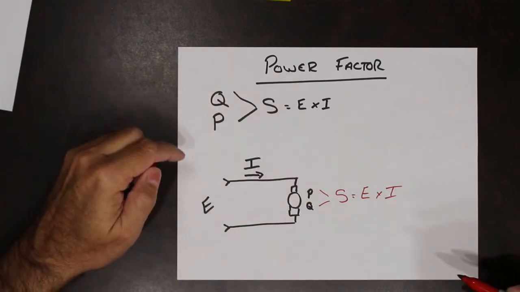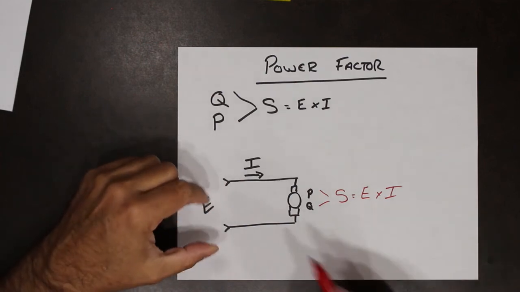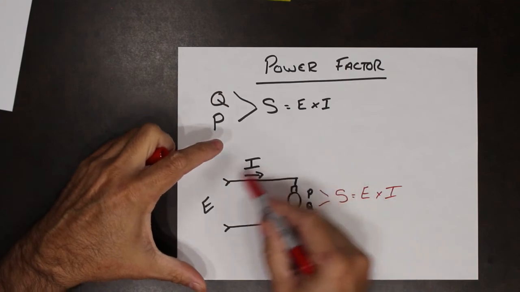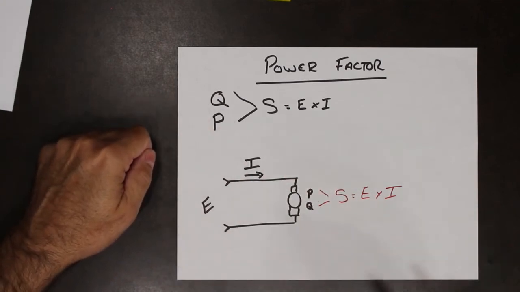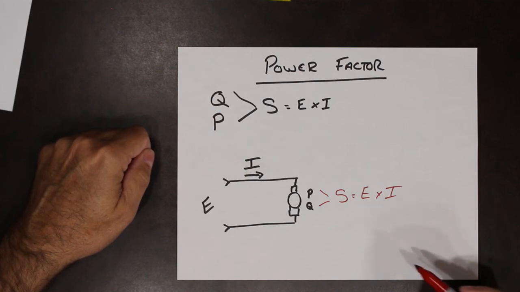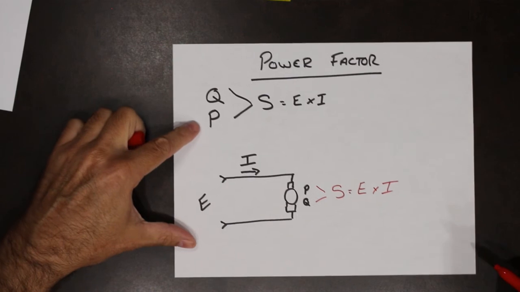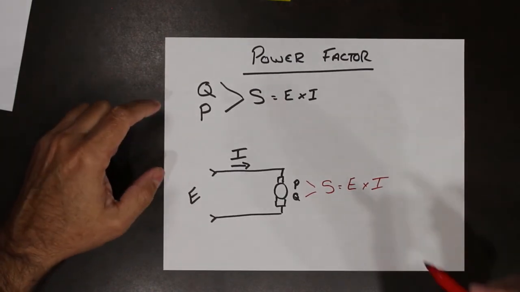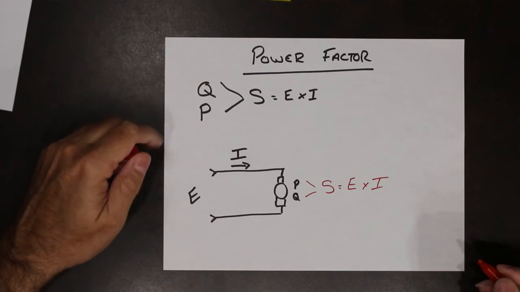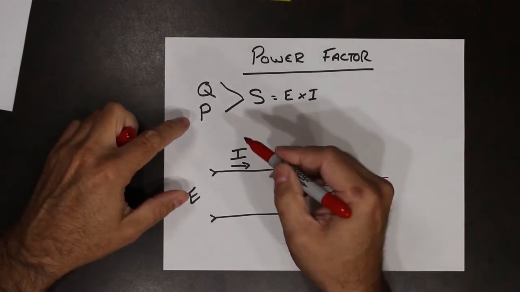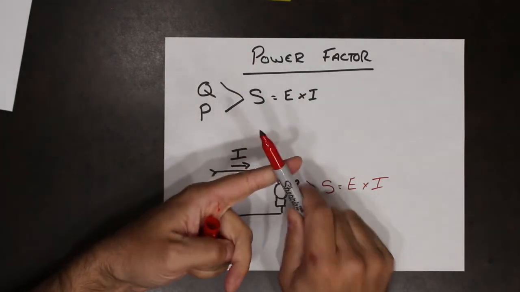What we want to know is how much of this electricity is actually being used to do work in that motor. You have to remember back from a few minutes ago when we looked at the difference between active and reactive power. Active power does the work.